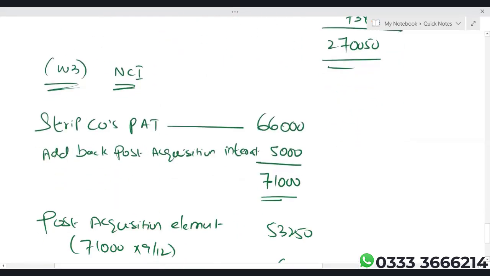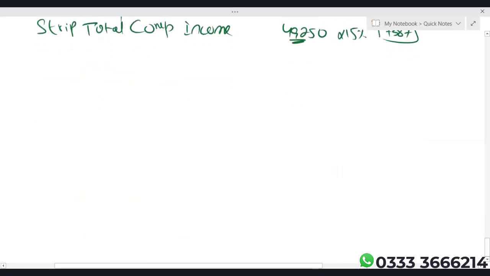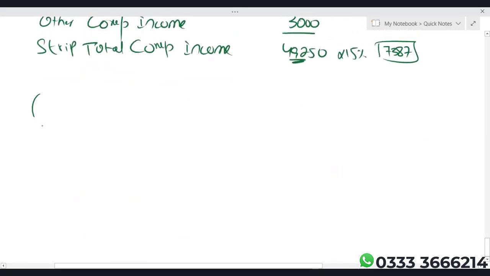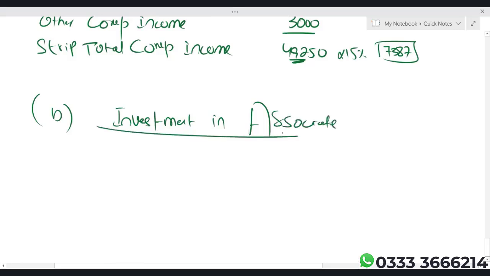Okay. In part B, we have to calculate carrying amount of investment in associate. Let's take the opening value of investment in associate. Opening carrying amount is 1,45,000.